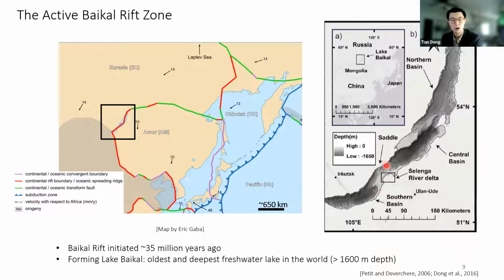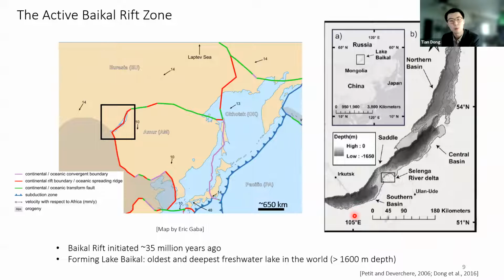It holds almost 25% of liquid fresh water in the world. And the Selenga Delta, which forms at the southern shore, is arguably the largest lacustrine delta in the world. It covers about 600 square kilometers of subaerial land.